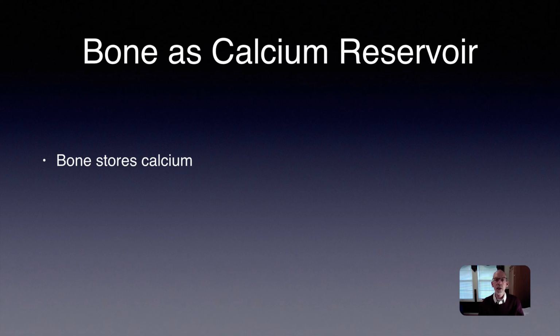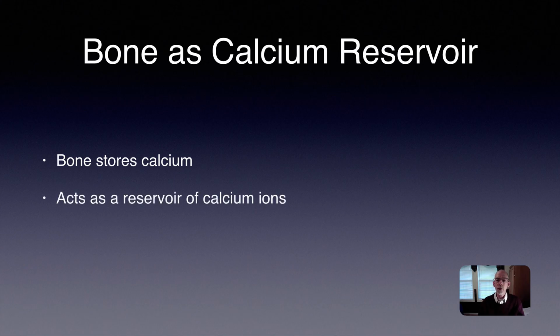Well, the skeleton is kind of the same way. It's a storage place for calcium. And whenever we have plenty of calcium in our bloodstream, then we can store it in the skeleton. On the other hand, when we're low on calcium in the bloodstream, then we can release that calcium from the bone and put it into the blood.